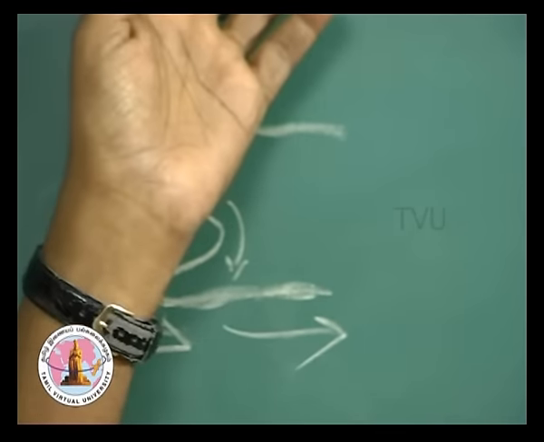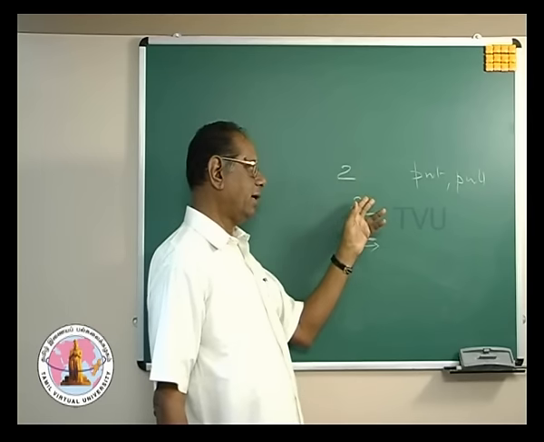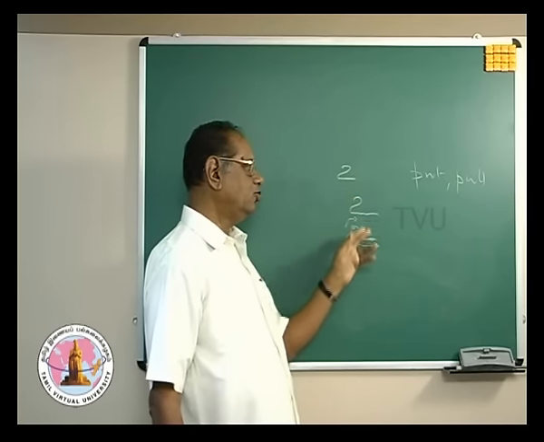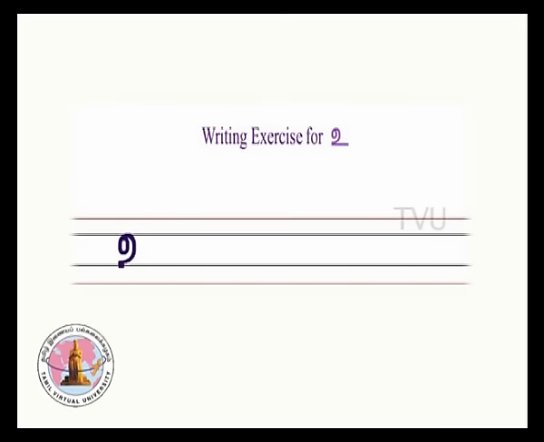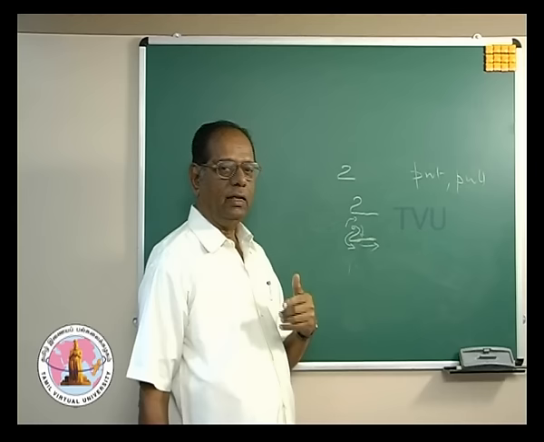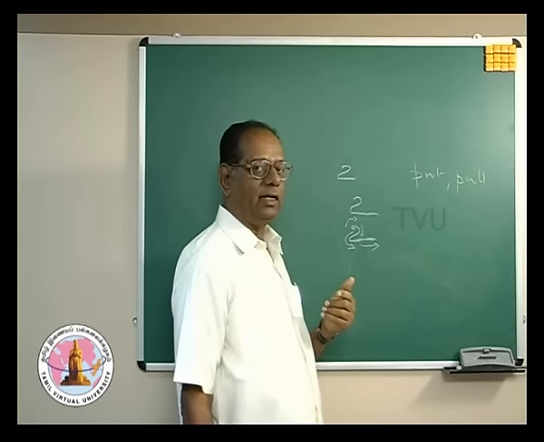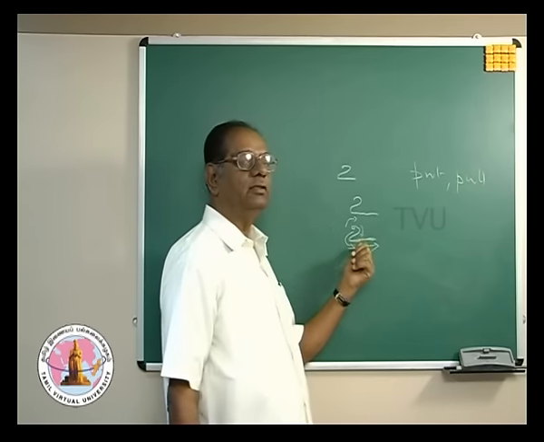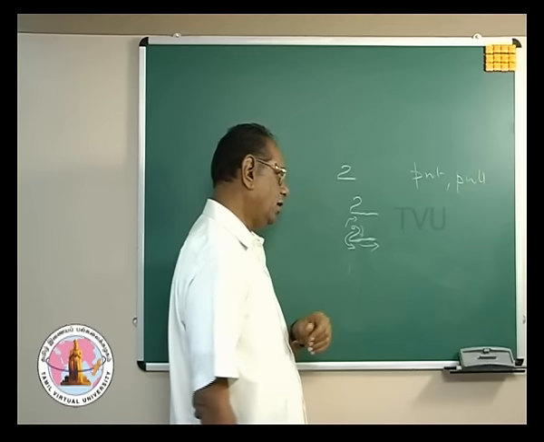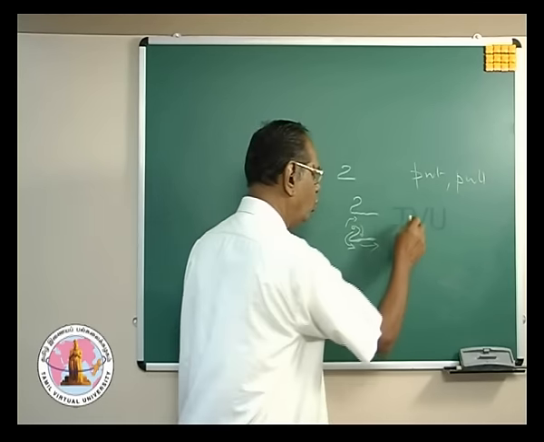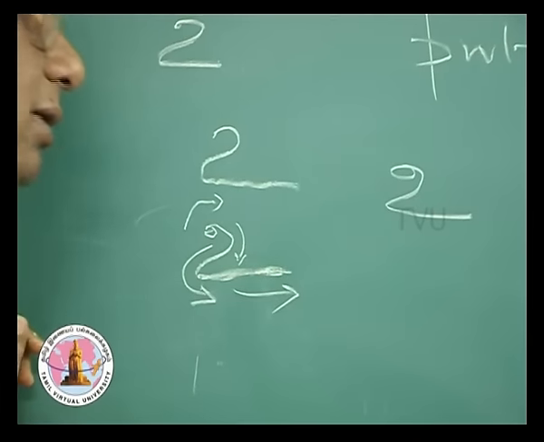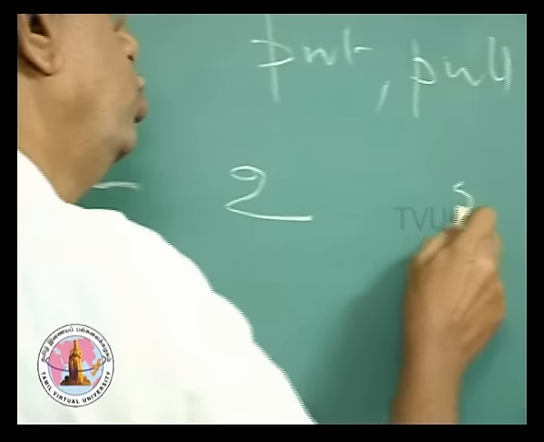So U is a short letter written this way. Now you have to practice it. Naturally what will be the next letter? An elongation of this U, and that will be oo, as you have in shoe.